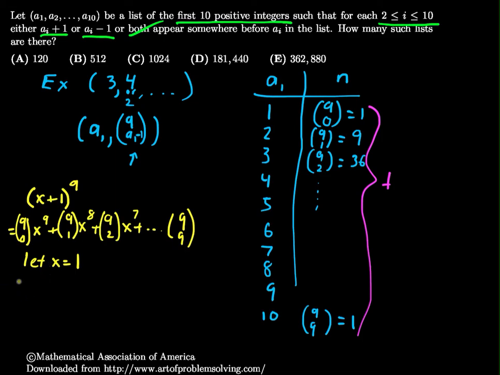That's just going to say, okay, I'll have 1 plus 1 to the 9th, which is going to be 9 choose 0 times 1 to the 9th, plus 9 choose 1 times 1 to the 8th. Okay, and 1 to the 9th is 1, 1 to the 8th is 1, and so on, down to 9 choose 9.